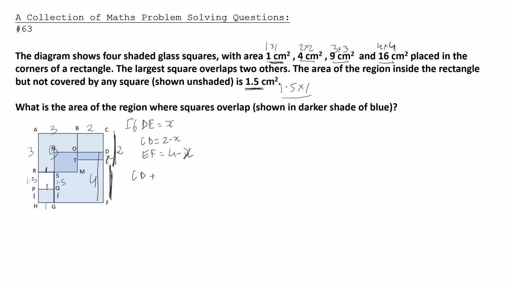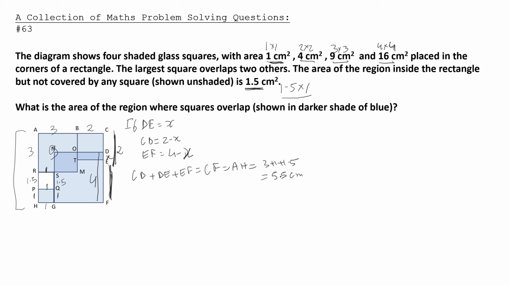CD plus DE plus EF equals CF, and CF equals AH, and that equals 3 plus 1 plus 1.5, and that equals 4 plus 1, 5.5. So I get that as 5.5 centimeters.